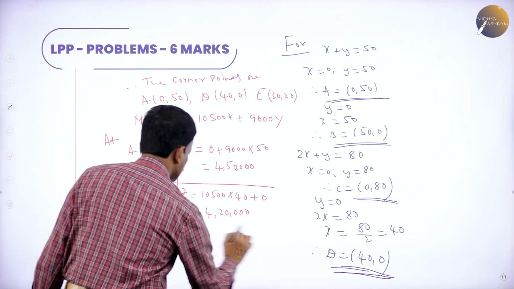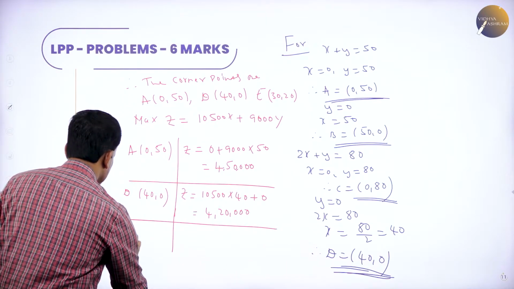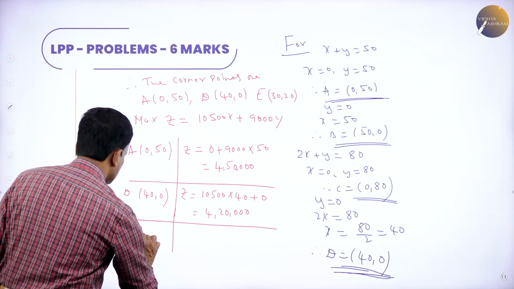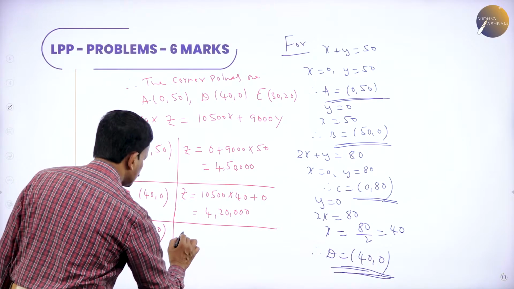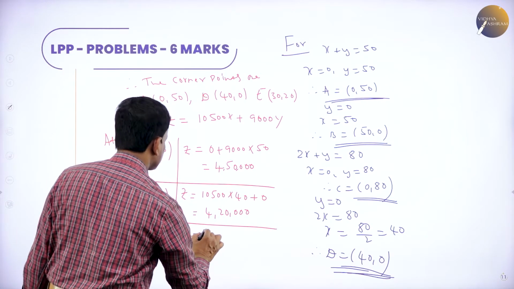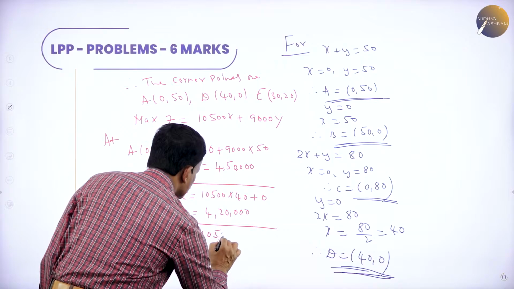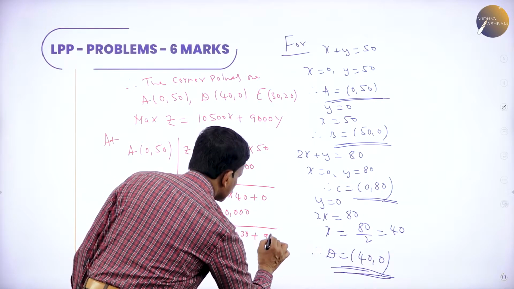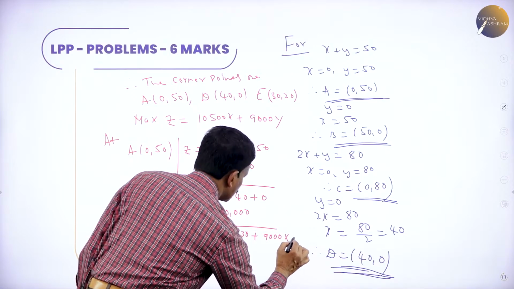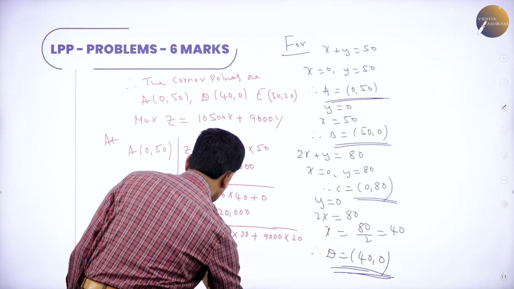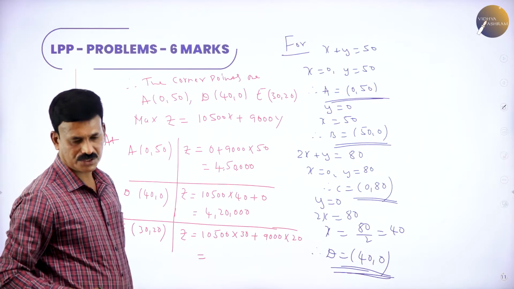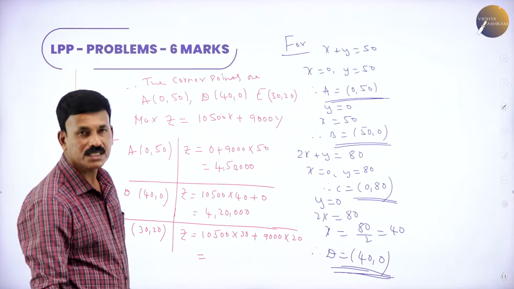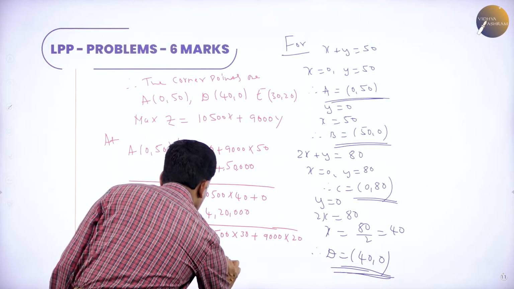Now at another point E, what is E? (30, 20). Z is equal to 10,500 into 30 plus 9,000 into 20. If we simplify, this is equal to 4,95,000.